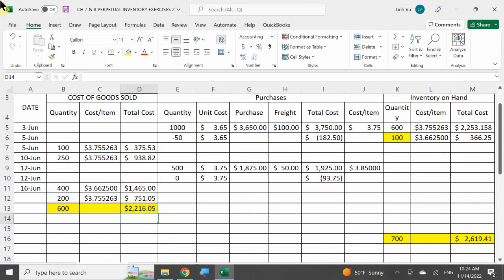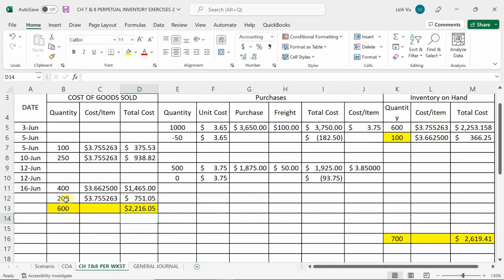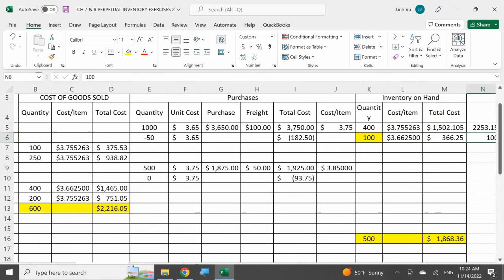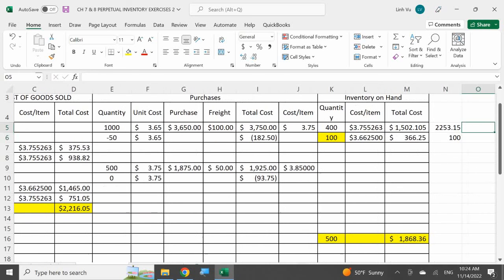So if I add these up together, I get $2,216.05. Right, and now I need to update my inventory because I just sold another 200 units. So what is 600 minus 200? Should have 400 left. And right here should tell me that I should have 10 cents left, which should be true, right?